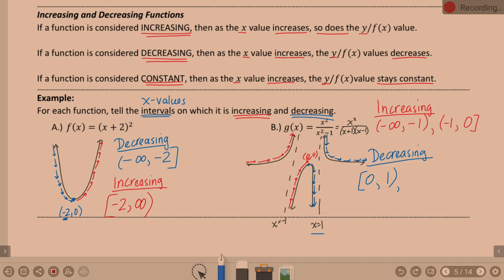Where did I start decreasing? On the other side of that asymptote of 1. It was an asymptote, so I'm using parentheses. How long am I decreasing? Infinitely. We're getting closer and closer to whatever that horizontal asymptote is there, but not touching it.